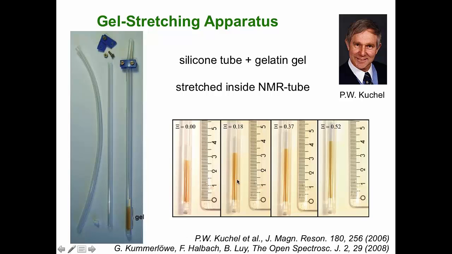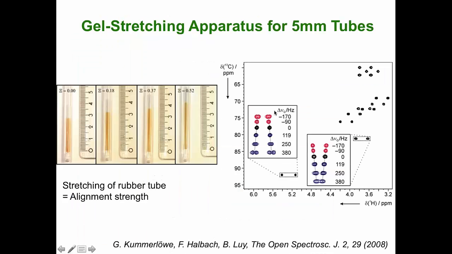But as you stretch it, you can stretch the gel inside, then you can scale the alignment, and then you can also, in these F2 coupled HSQCs, see how the degree of alignment changes as you stretch the gel. In this case, he was using gelatin.